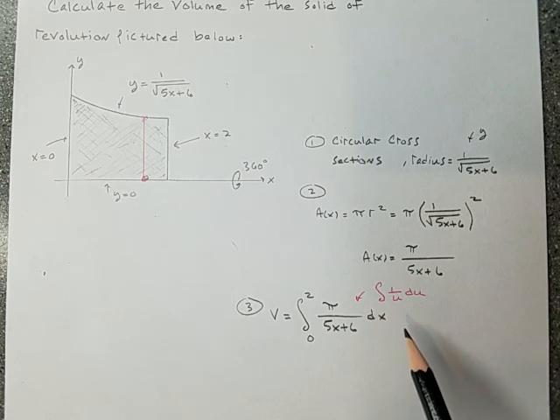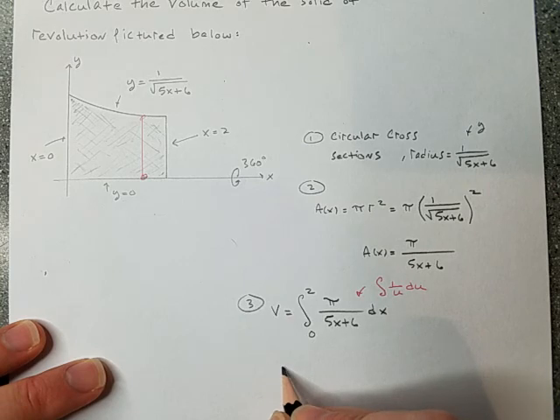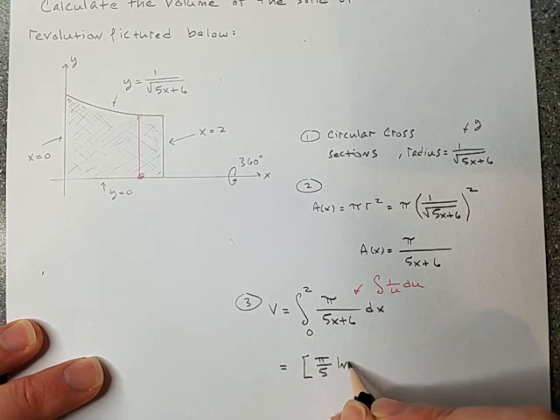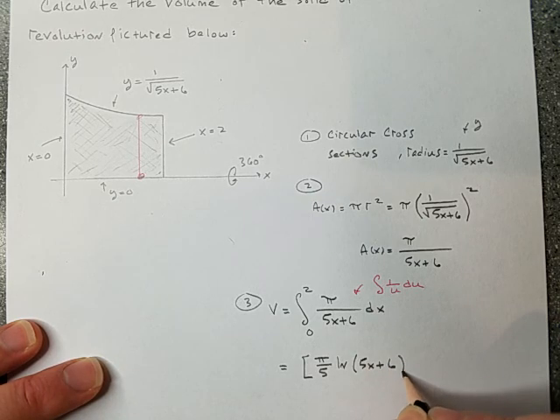And I'll tell you that much, and then you can probably handle it from there. If it's that form of integration, then here's the antiderivative. It's going to be pi over 5 natural log 5x plus 6.